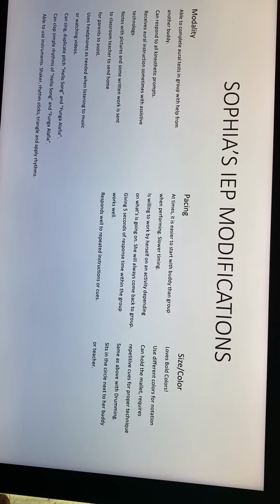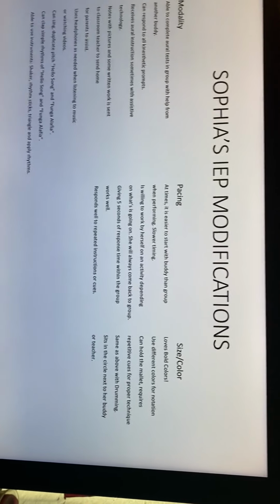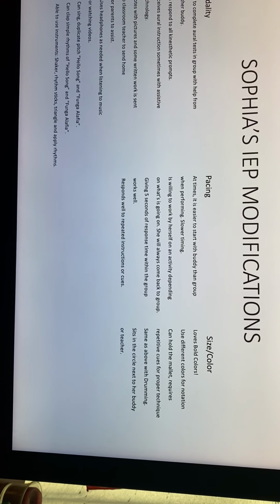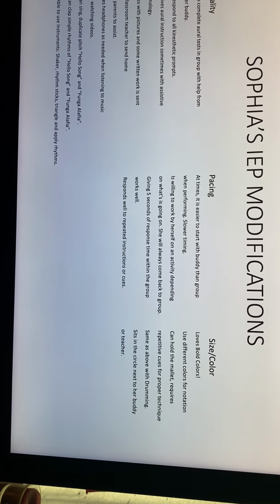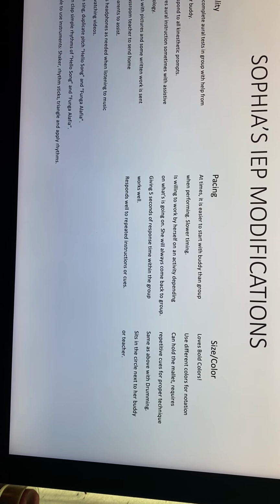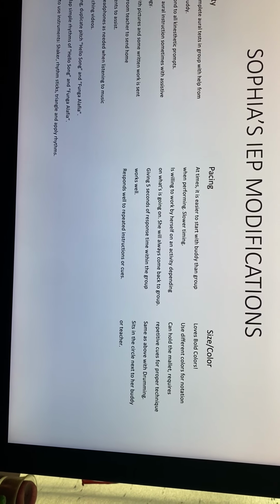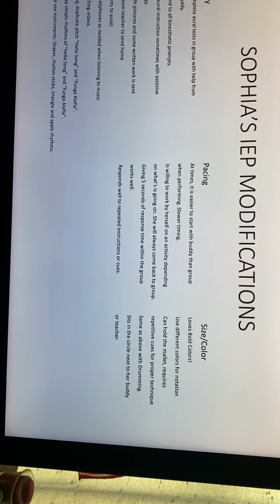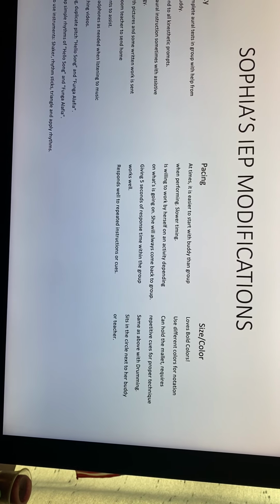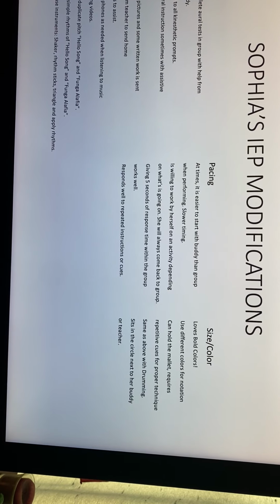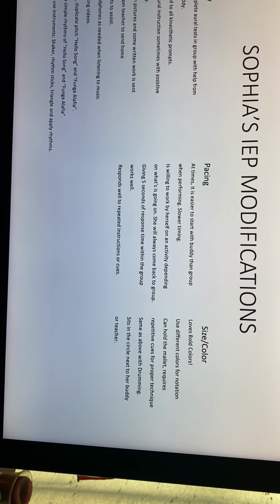The pacing, at times it's easier to start with the buddy than with the group when performing, and also work at a slower pace. You're welcome to come back to the group and work with your buddy when that time is sufficient for Sophia. She usually always comes back to the group anyway.